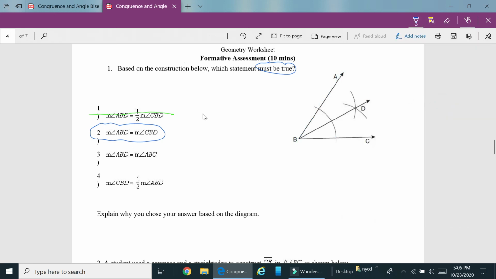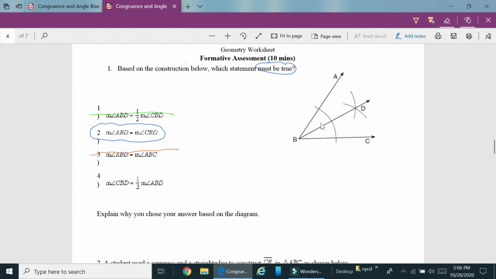Let's reset. ABD, so A, B, D. Okay, so we're looking at that angle in blue. Is that the same angle measure as ABC? So the bigger angle, let's make it orange, A, B, C. And if you look at the angle here, that's the whole thing. So no, that can't be it.